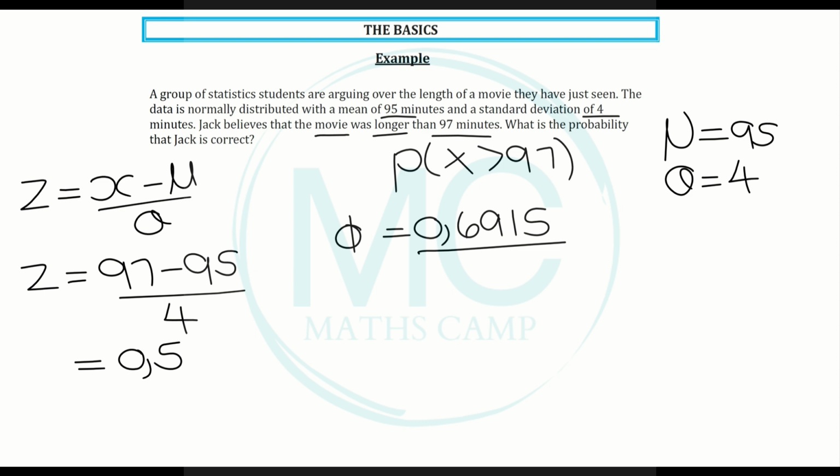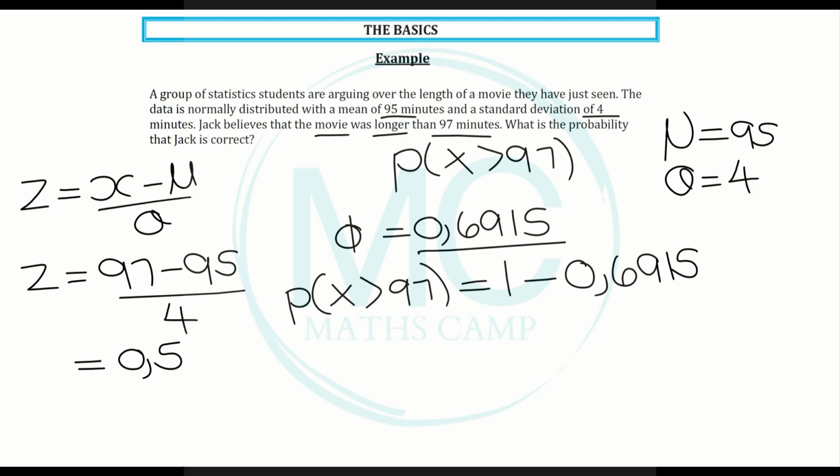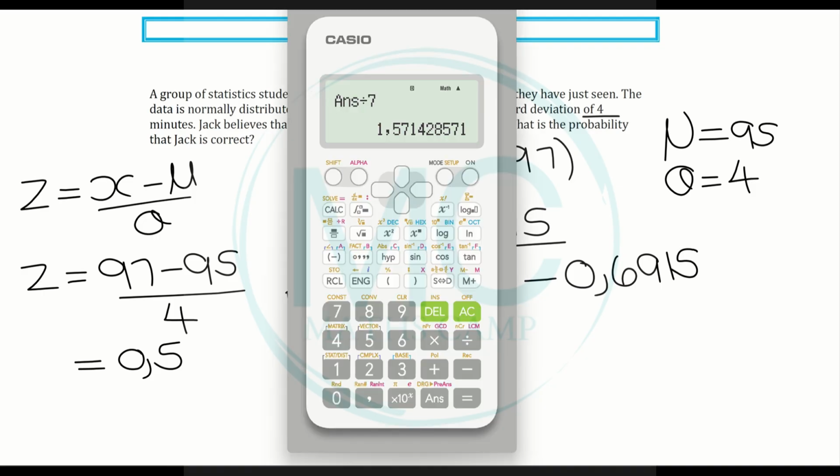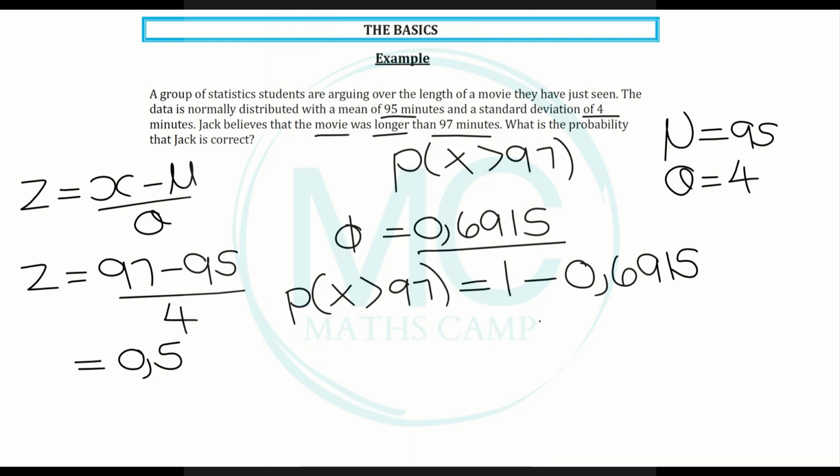So to find the probability that x is greater, I can say the probability that x is greater than 97 is equal to 1 minus 0,6915. Take my calculator. 1 minus 0,6915 is equal to 0,3085. Round off to 3 significant figures, and I see that this is equal to 0,309.